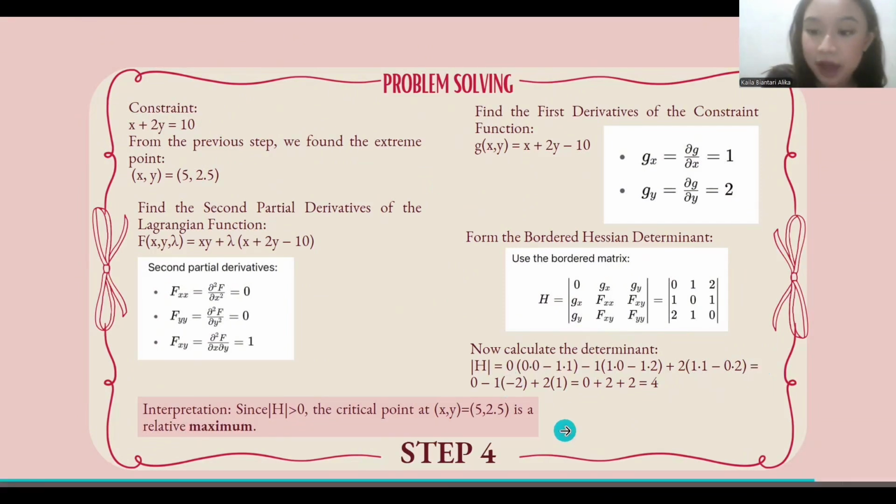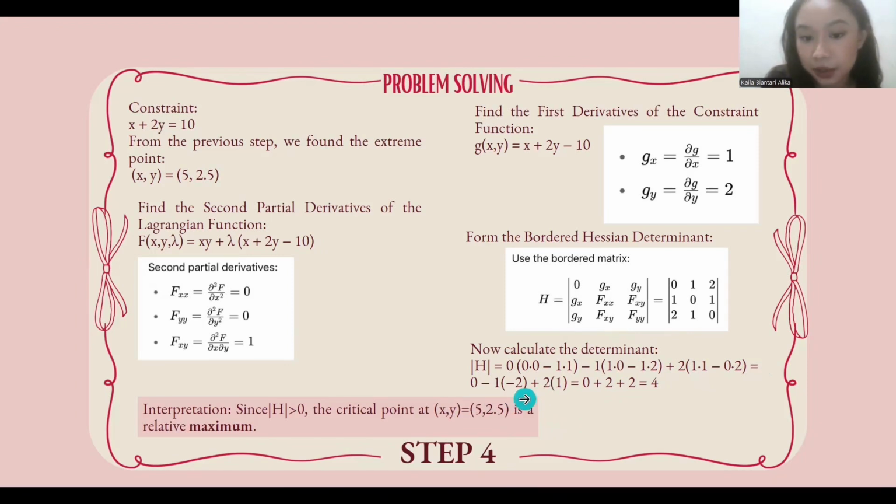So we have 0 plus 2 plus 2, which is 4. Since the determinant of matrix H is greater than 0, the critical point at x, y equals 5, 2.5 is a relative maximum.